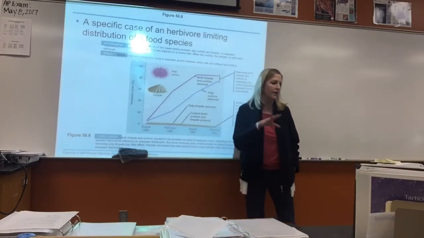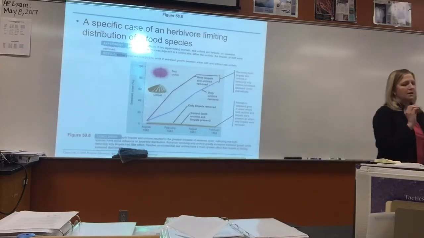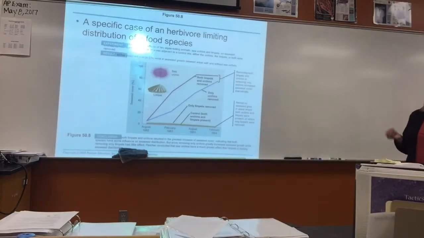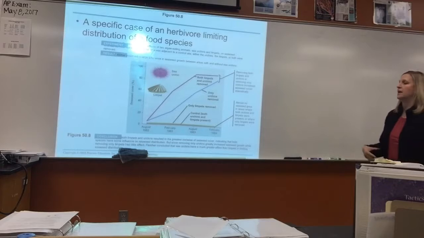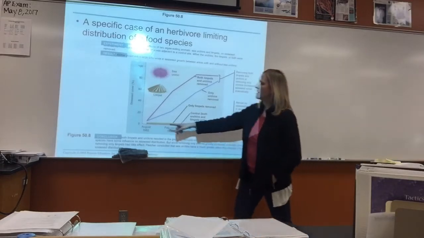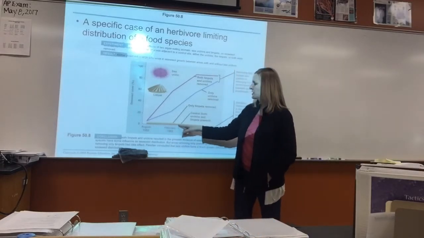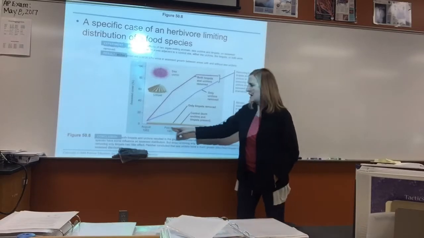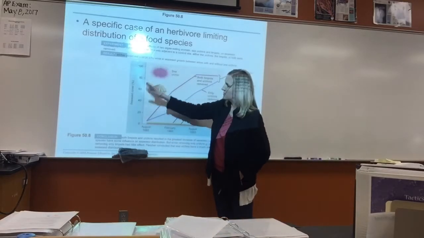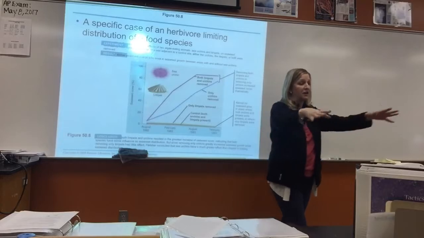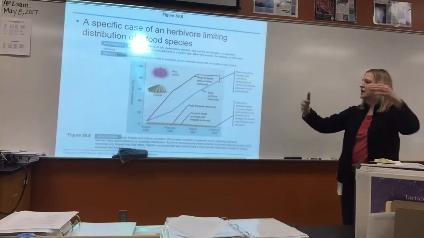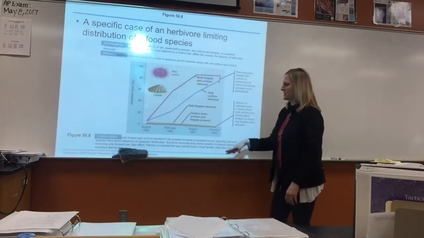This is in the ocean where both the sea urchins and the limpets are present, and you can see that when both of them are present, the growth of the seaweed is not much. This is the percent of seaweed cover of that particular area, and it's not covered with seaweed.